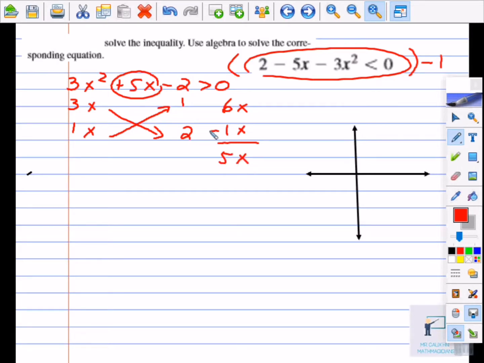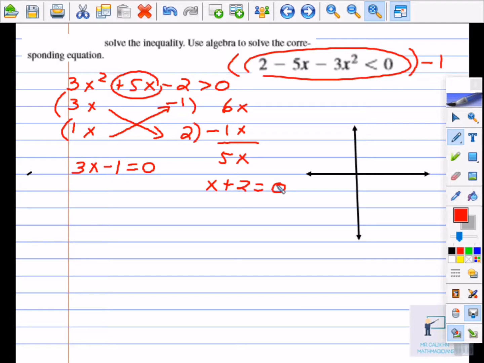Which one has to be negative? The multiplication of the 1. That means that it is this one. You copy the two factors already factorized from the inequality: 3x minus 1. Now we're not going to use the greater than. We're going to use the equal sign to solve for x. And then we copy the other one, that was x plus 2, and it's also equal to 0.